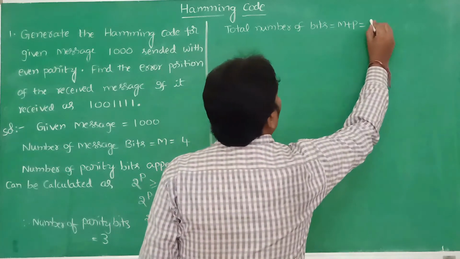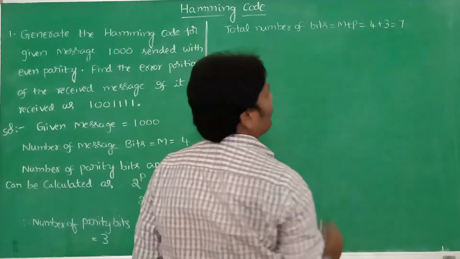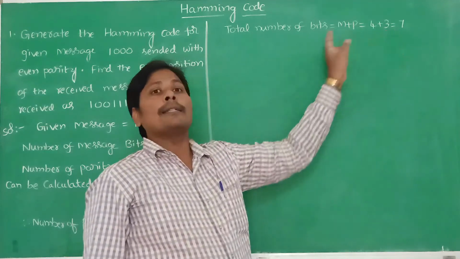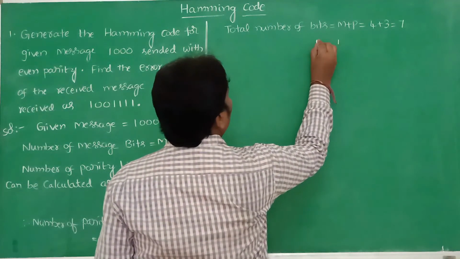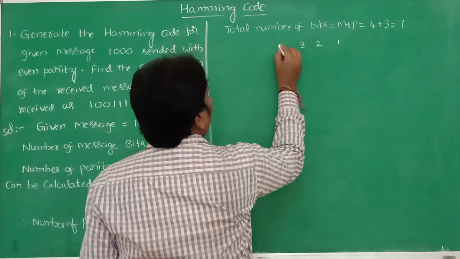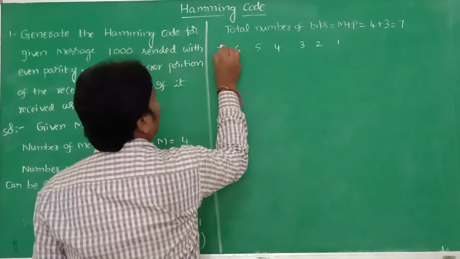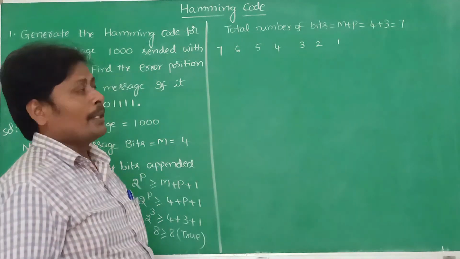So that is 4 plus 3, which is equal to 7. Now we have to write the 7 bits: 1, 2, 3, 4, 5, 6, 7. So these are the 7 bits.